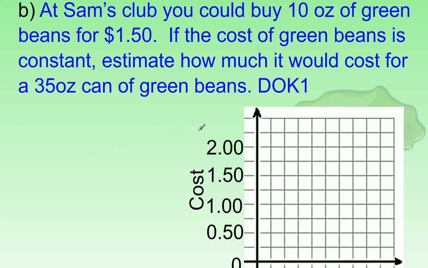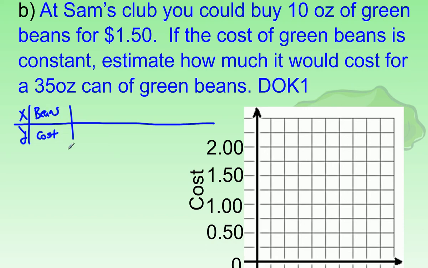All right, so I would start by making a little table. So X, Y, and the X variable would be the amount of beans. And then the cost would be the Y variable. Because the more beans you add, the higher the cost, not the other way around.